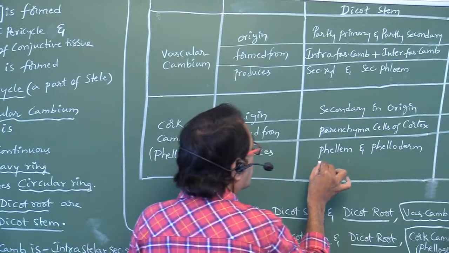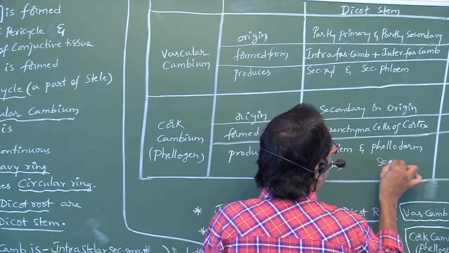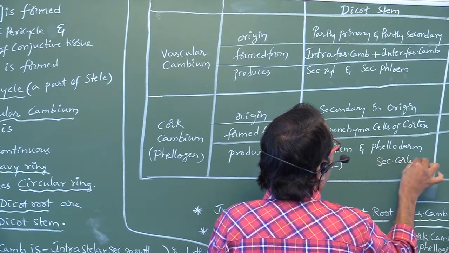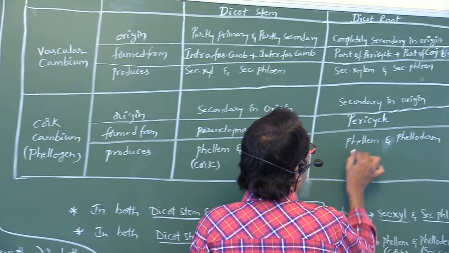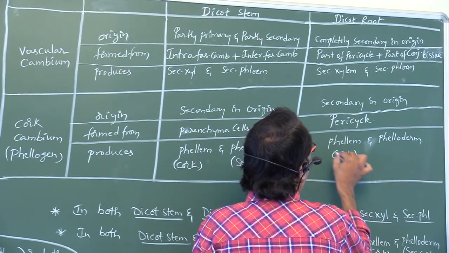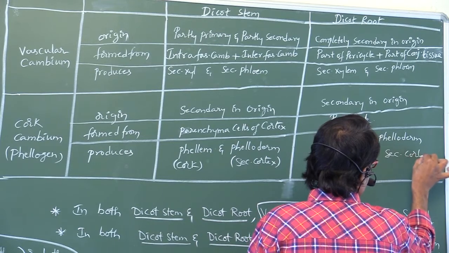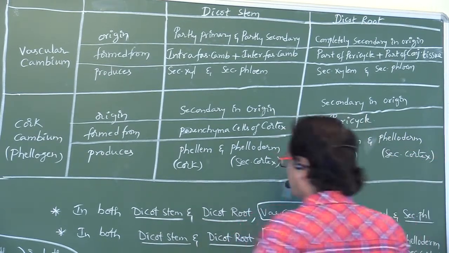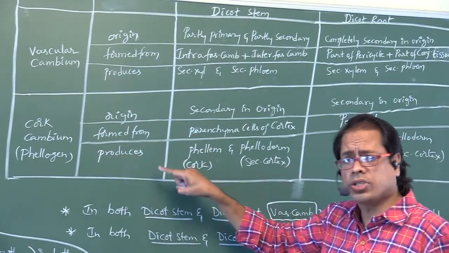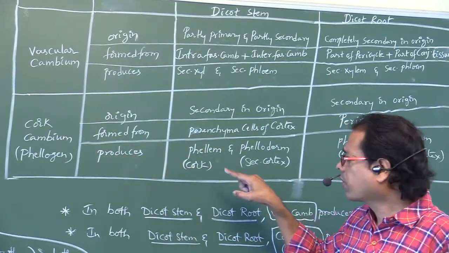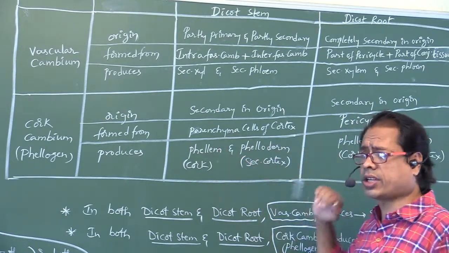Phellem is also called cork. Phelloderm is also called secondary cortex. So in dicot stem, cork cambium produces cork towards the outer side and secondary cortex towards the inner side.